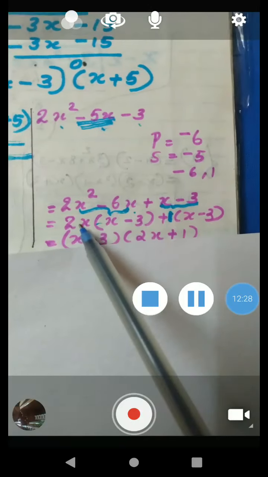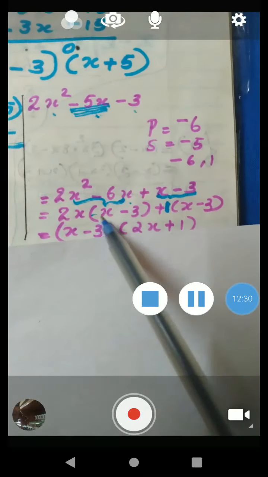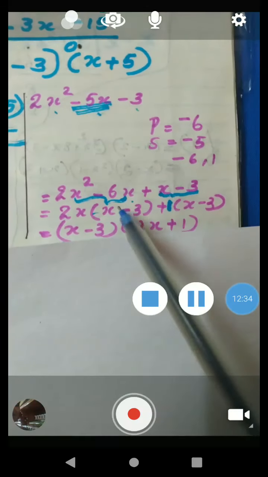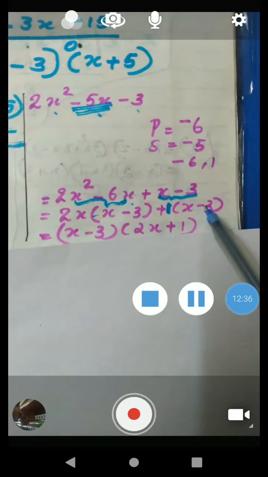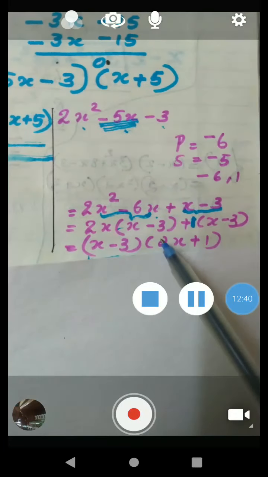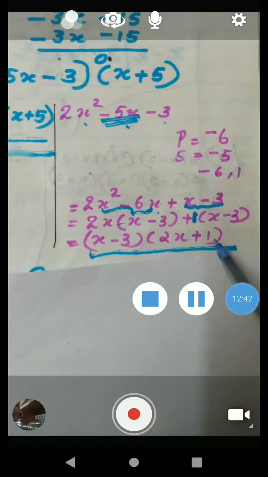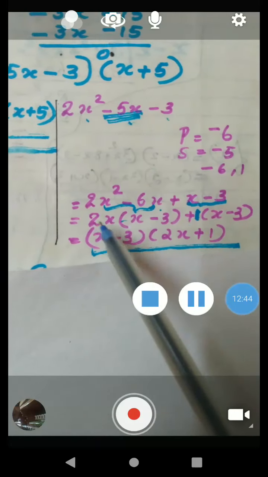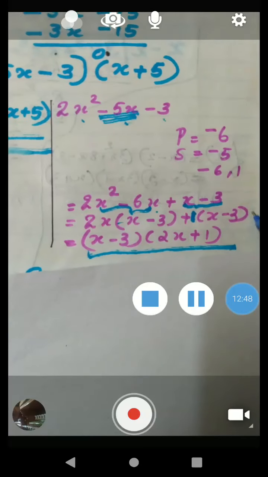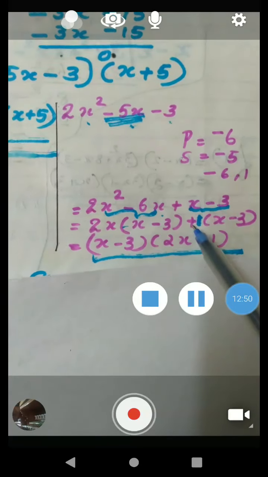Now, from these two terms, what is the common factor? x minus 3 is common in both terms. You can take it outside, x minus 3. What is inside? 2x plus 1. The remaining is 2x plus 1.